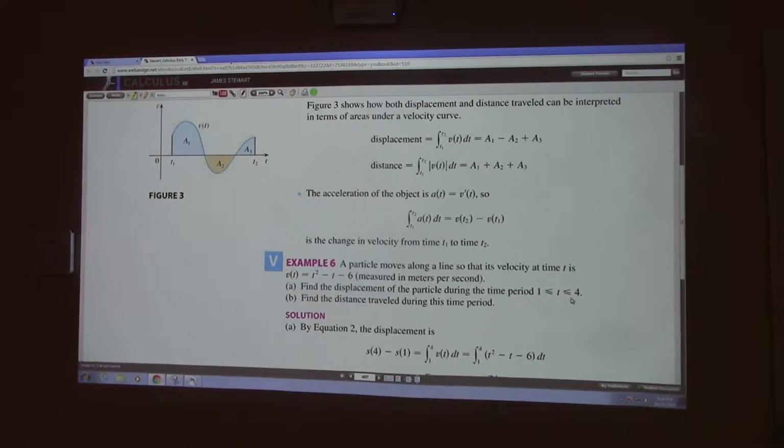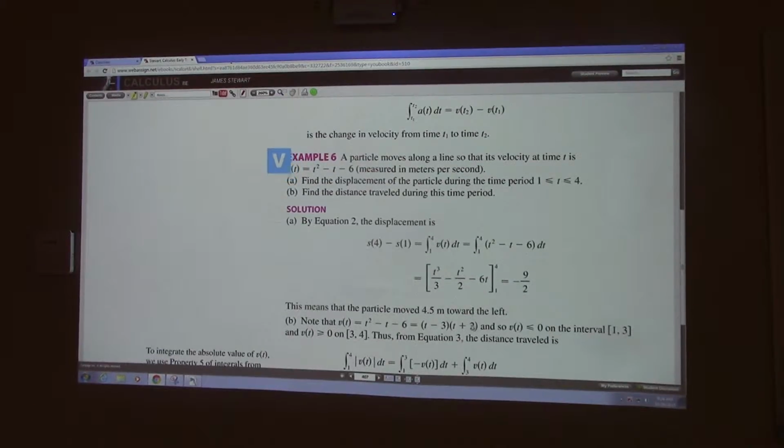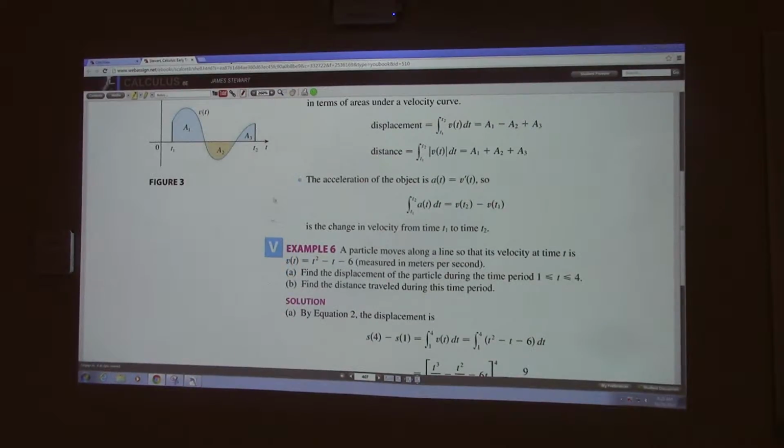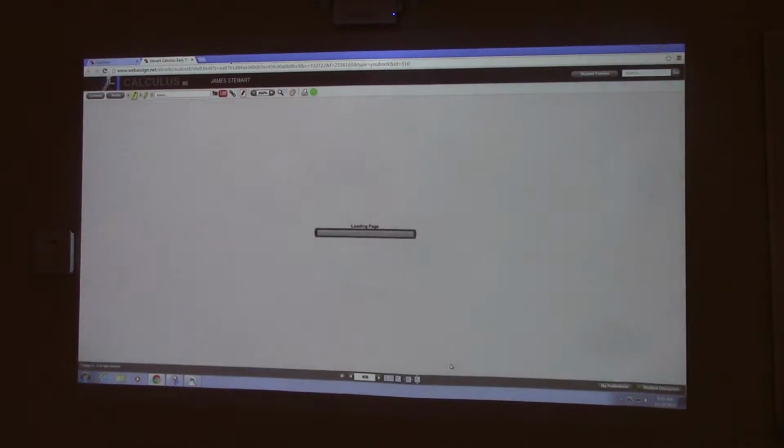Don't turn it around and do 1 to 4, because then you'll get a negative, and you'll stare at it for an hour. All right? And then just take the antiderivative of t squared minus t minus 6. And that's what you get. So I'm not going to spend a lot of time on that. We'll get to the advanced stuff. That's when we need to spend a lot of time. Well, the basics and then the advanced.